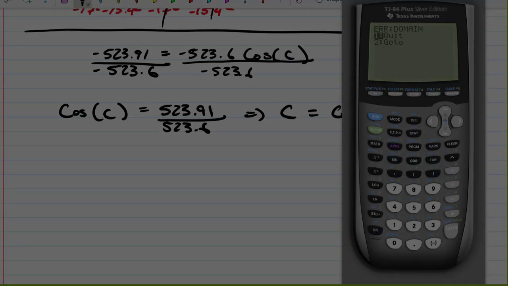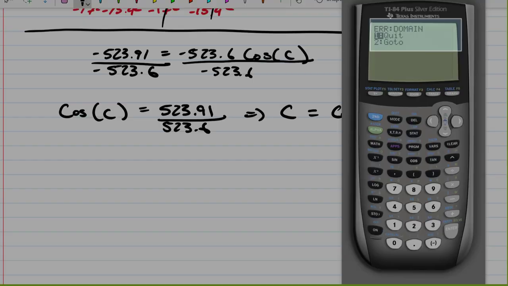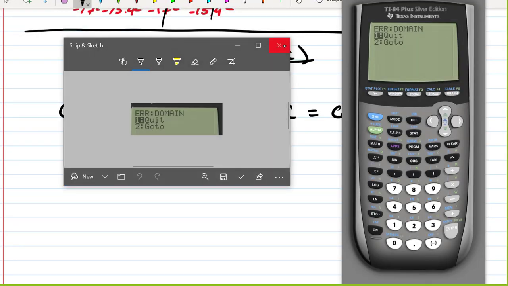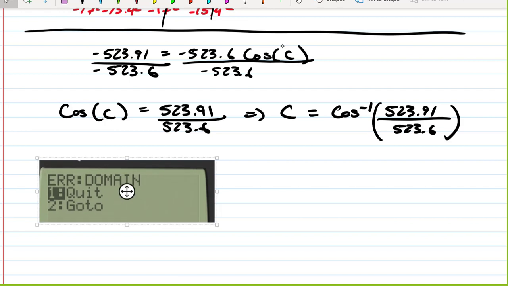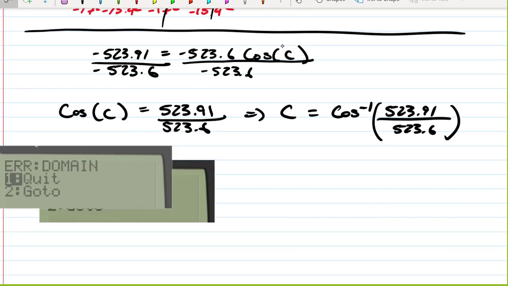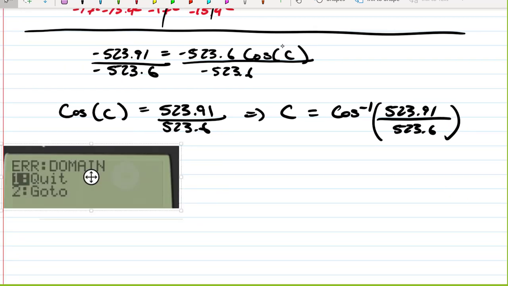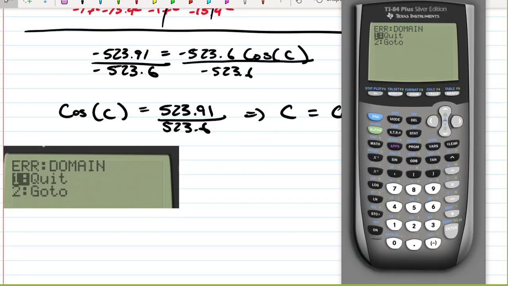Because as we saw on the previous screen on our calculator, 523.91 divided by 523.6 is bigger than 1, and the domain of inverse sine and inverse cosine is only the numbers between negative 1 and 1.